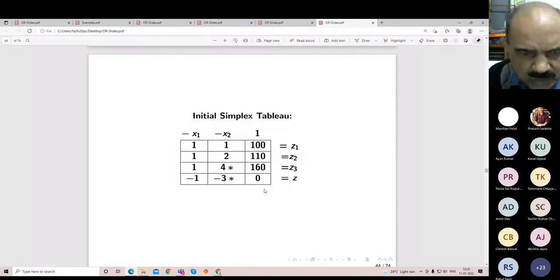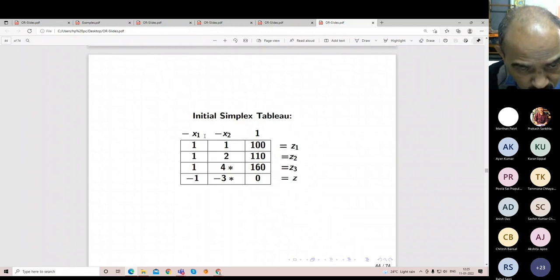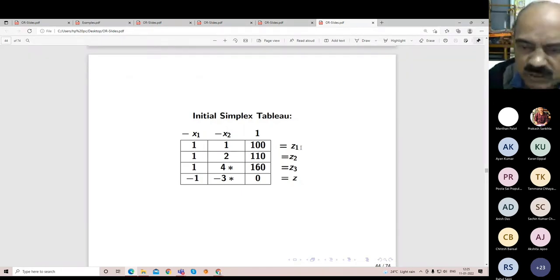Only 2 columns for variables. So on the top, there are non-basic variables like x1 and x2. There is no space for the basic variable in the column. However, in the row, there are basic variables Z1, Z2, Z3.